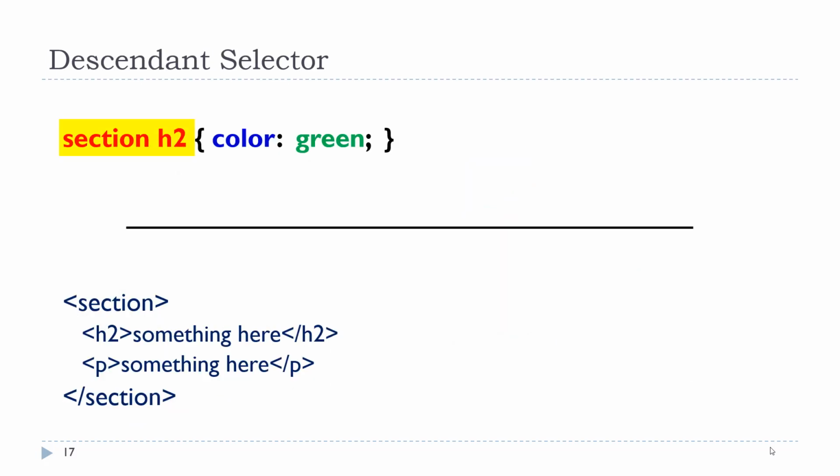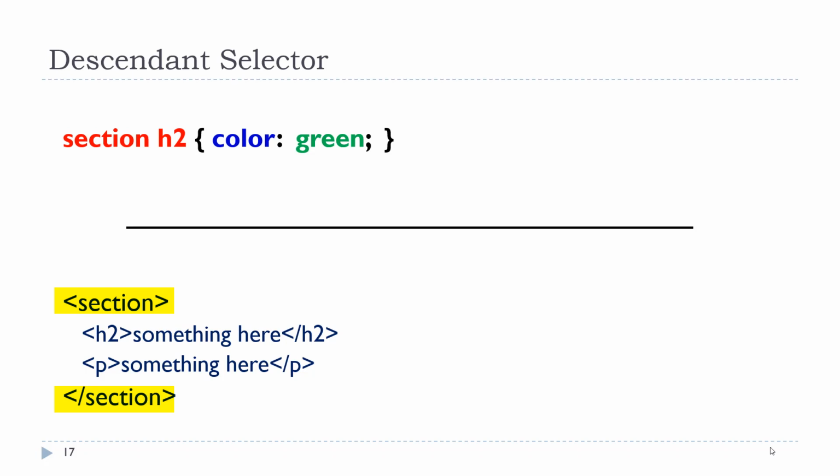Here we have a descendant selector, section space H2. If you look at the HTML code, you see that the section element contains an H2 element and a P element. The H2 and the P are children of section. Section is their parent.